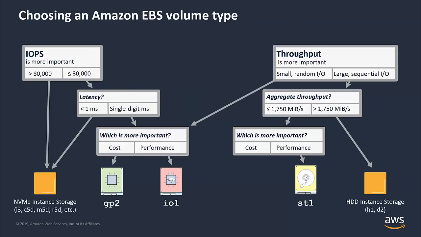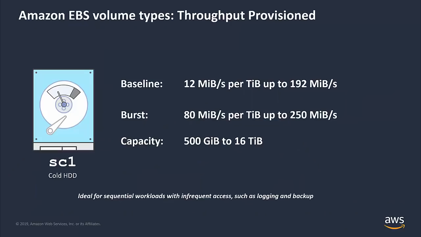So you'll want to choose ST1 when your workload is throughput-driven and performance outweighs costs. However, if cost is more important than performance, then you'll want to choose the SC1 volume type. SC1 is another throughput provisioned volume type that's designed for workloads with more modest performance needs.